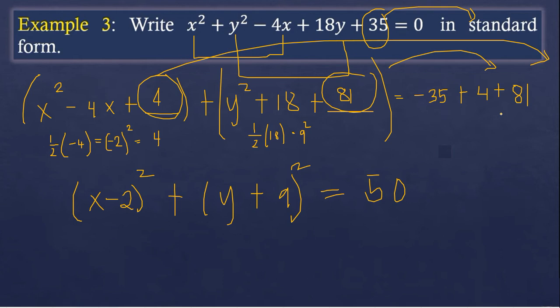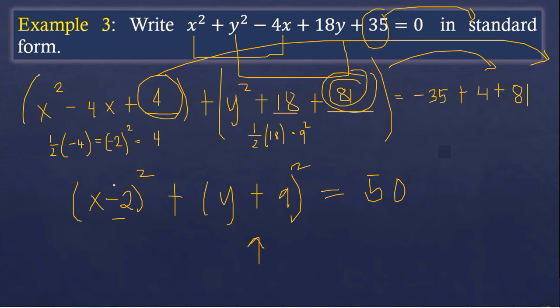And 85 is a bigger number compared to negative 35. That's why we need to follow the sign of the bigger number, which is positive. That's why the answer here is 50. Then dito naman sa y plus 9. Sir, why is it y plus 9? Because 9 plus 9 is 18, and 9 squared is 81. Sir, why is it negative 2?